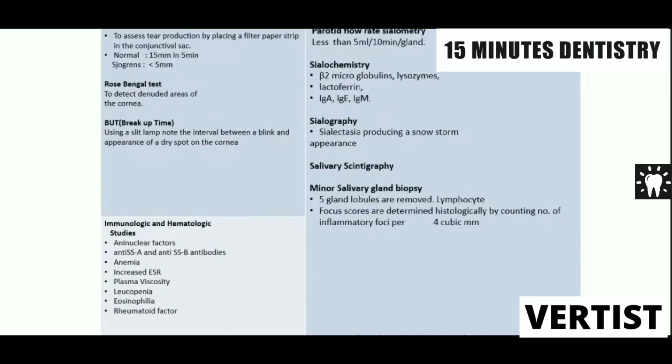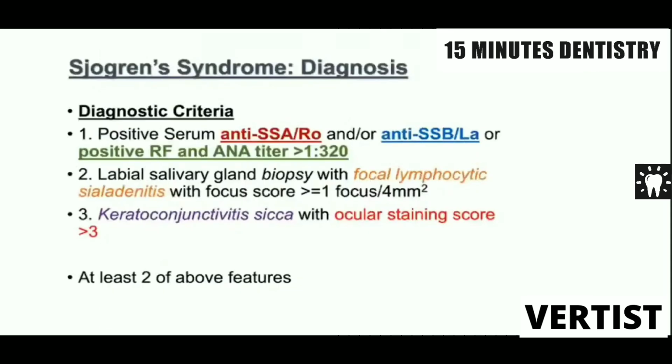Salivary studies include flow cytometry, that is assessing the amount of saliva that is secreted, sialochemistry, sialography, and scintigraphy, also minor salivary gland biopsy, especially in the labial mucosa where there are a lot of minor salivary glands, and the inflammatory foci are counted. So, to confirm the diagnosis, two of the above three features should be positive.